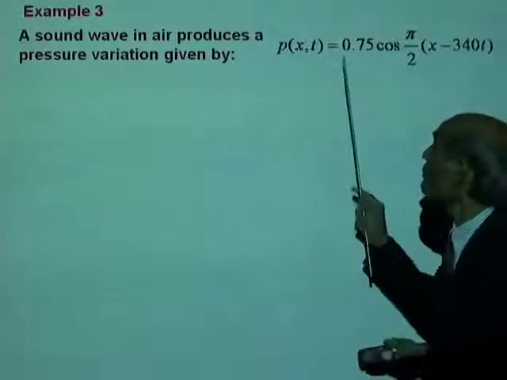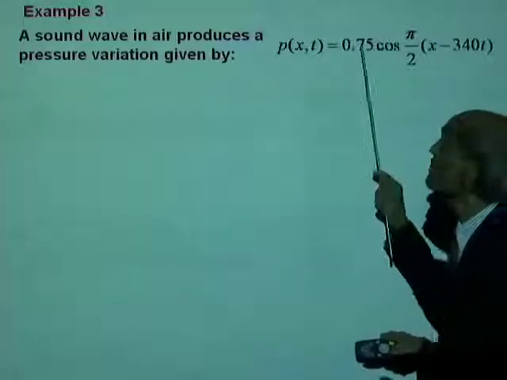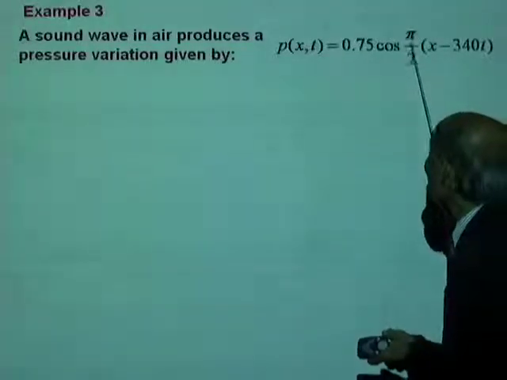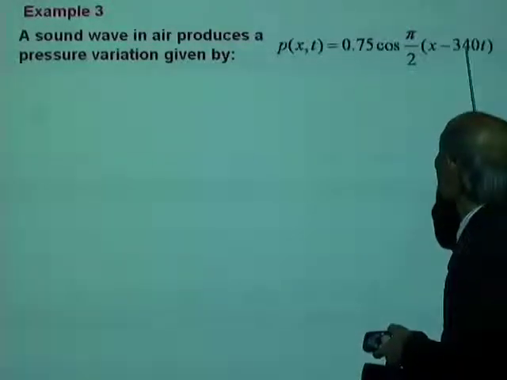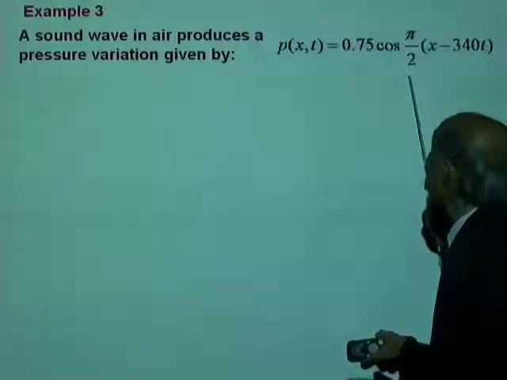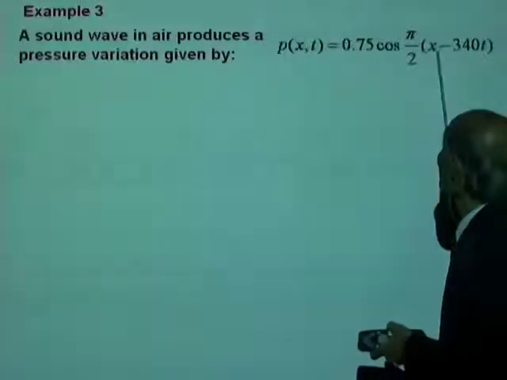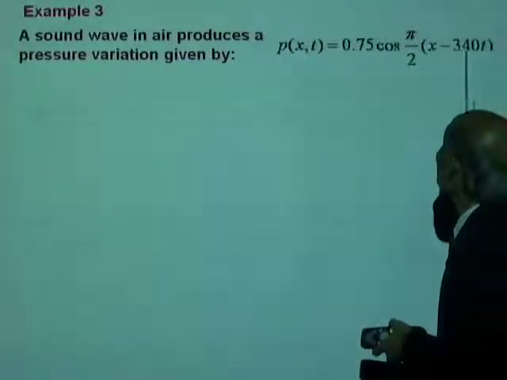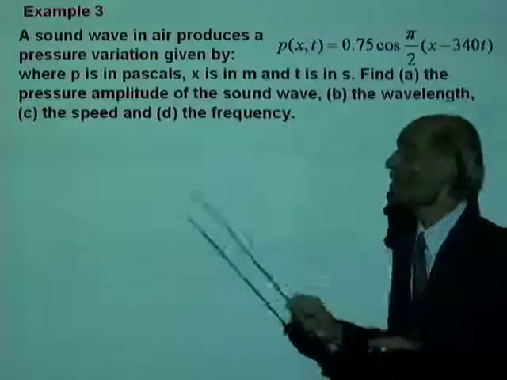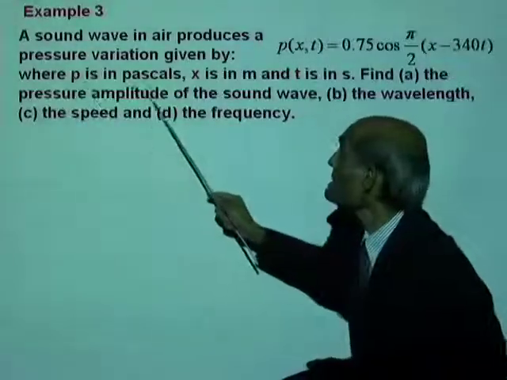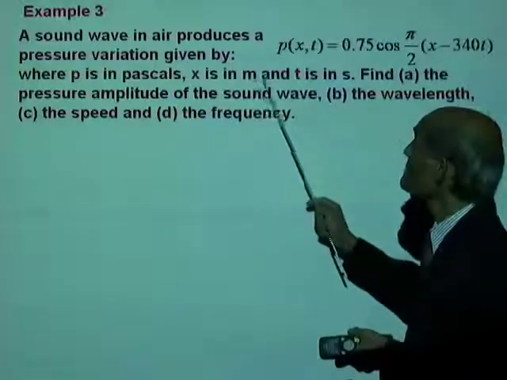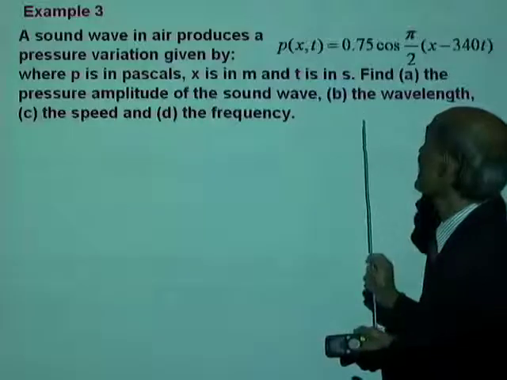Well, this is of the form P(x,t) equal to P0 cos k times (x minus vt). Is that right? So your k is pi by 2. V is 340, that's the speed of the wave. Where P is in pascals, x is in meters, t is in seconds.